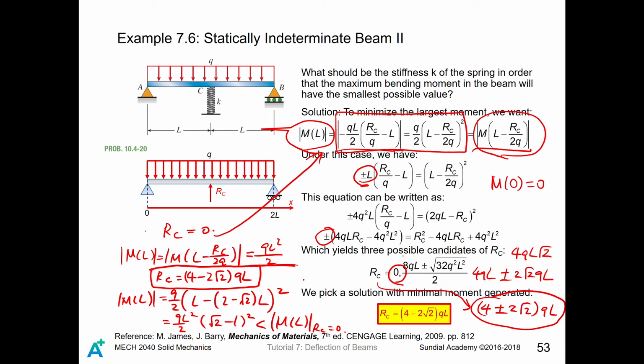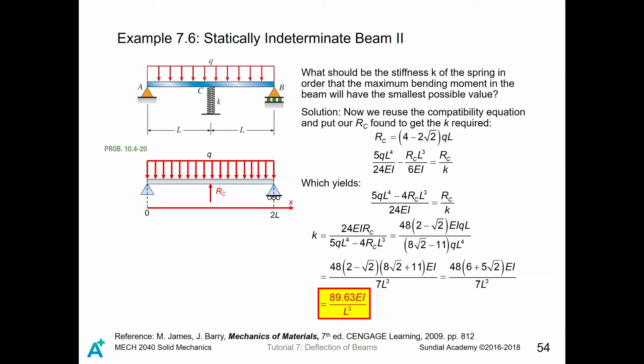And finally, with the RC known, we can now put our RC into the compatibility equation. And once we solve it, eventually we will get the value of K, which is 89.63 EI divided by L cubed.